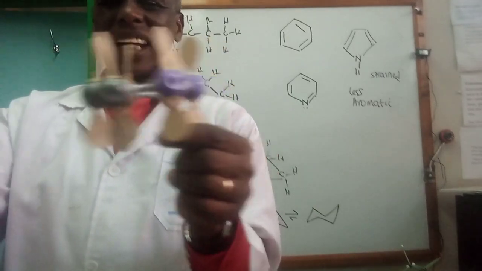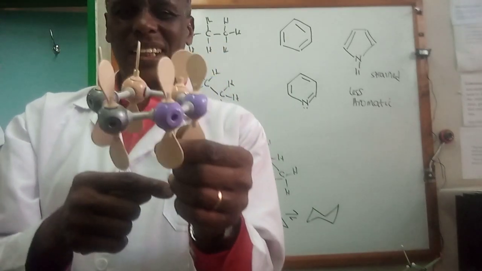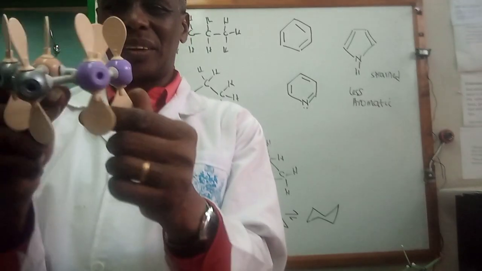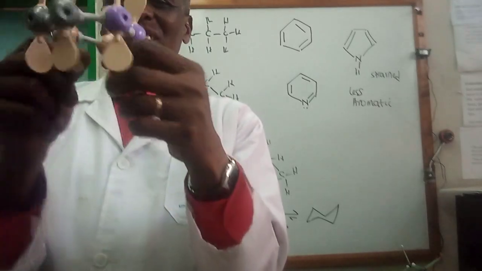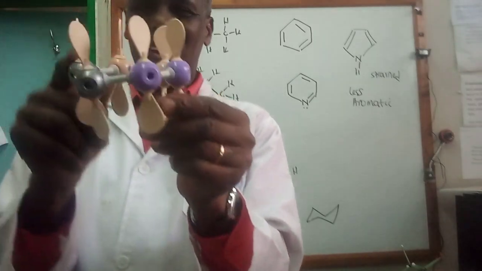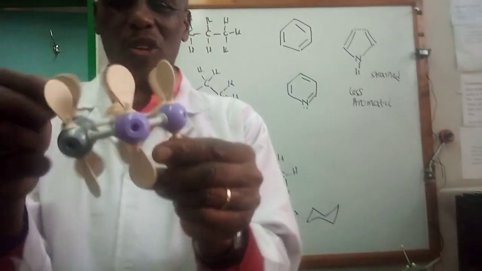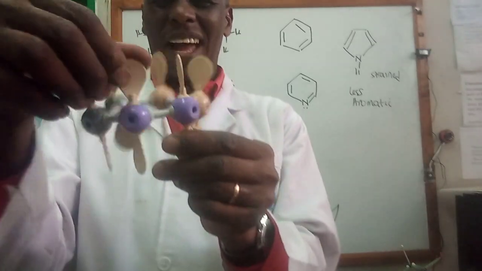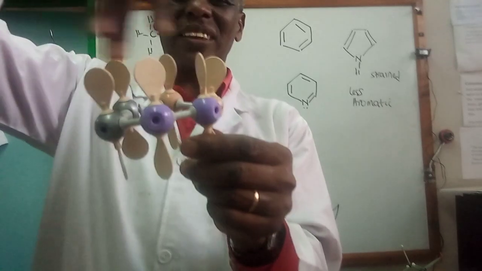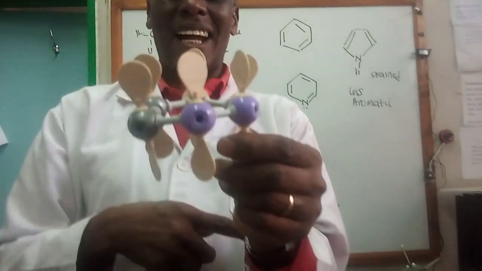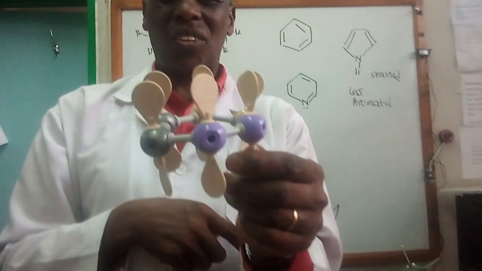So the hydrogens are coming out here, and as long as these p orbitals are aligned, then the electron density can flow around.